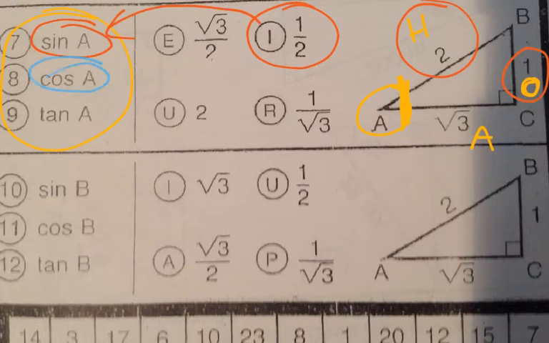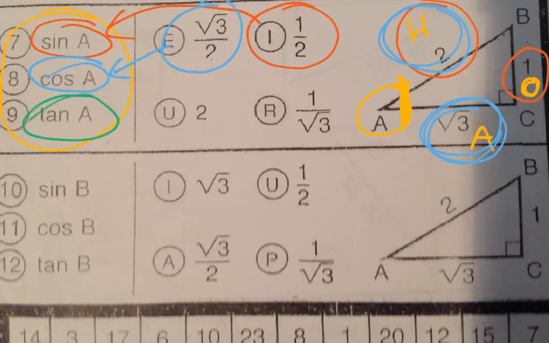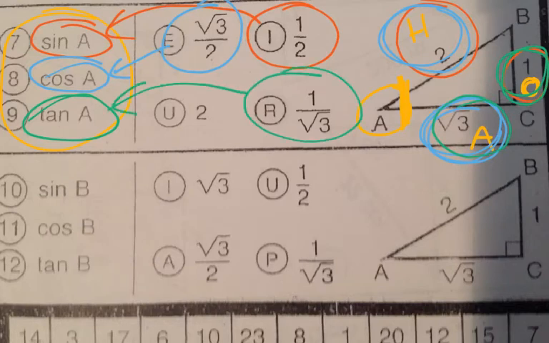Cosine of A is adjacent over hypotenuse, so that would be square root of 3 over 2. And finally, follow the green. Tangent of A is opposite over adjacent, so that would simply be 1 over square root of 3. Pause the video if you need to.